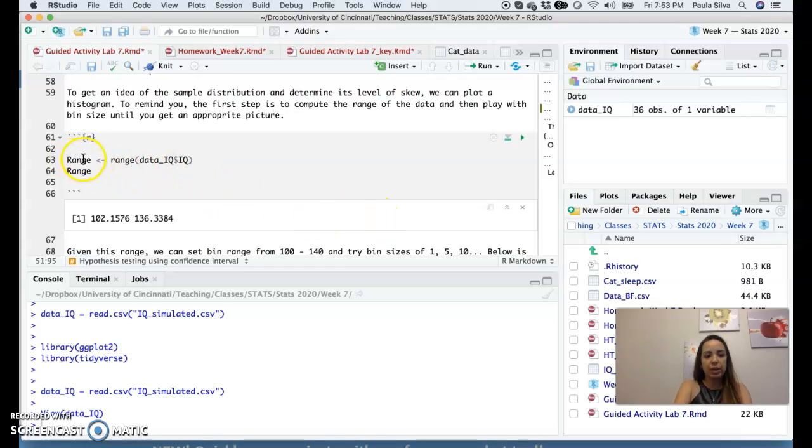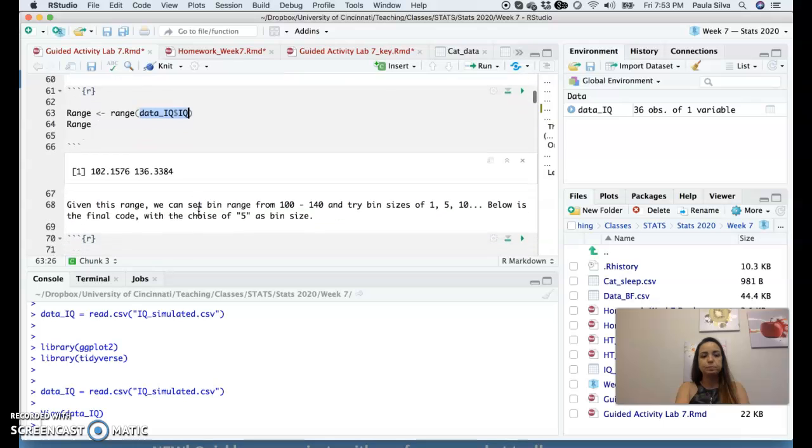So to compute the range, I use the function range, and inside the function, it takes as input the actual variable that is inside the data set, data IQ. Data IQ has a variable inside called IQ, and I want to see the range of the IQ variable. The range is from 102 all the way to 136.